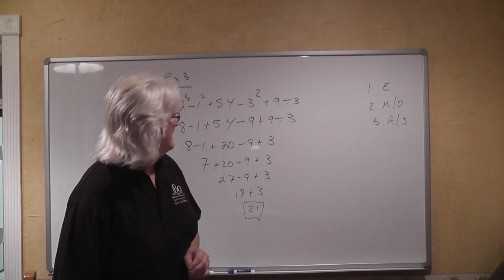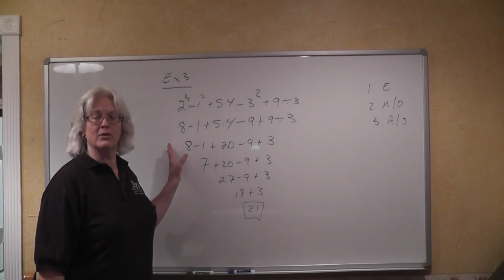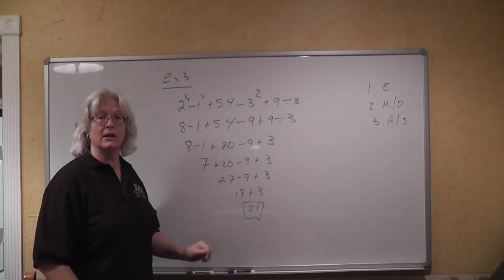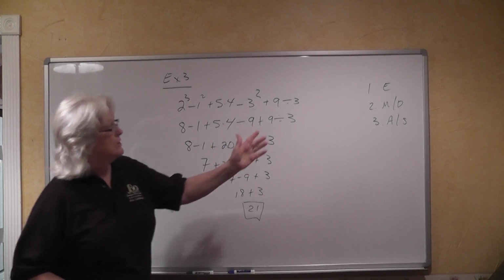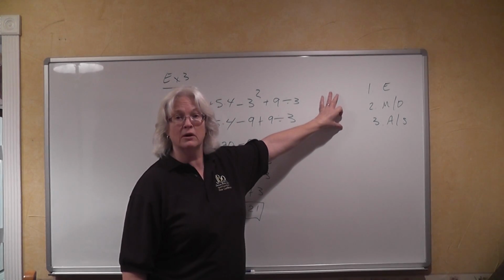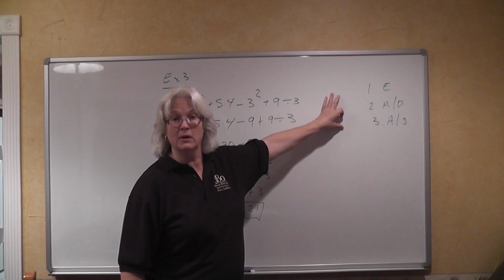So, if you go ahead and see what I have on the board behind me, this is the last screenshot that we had in the last video. Over here on the right-hand side was an abbreviation of the order of operations that we've been working on.